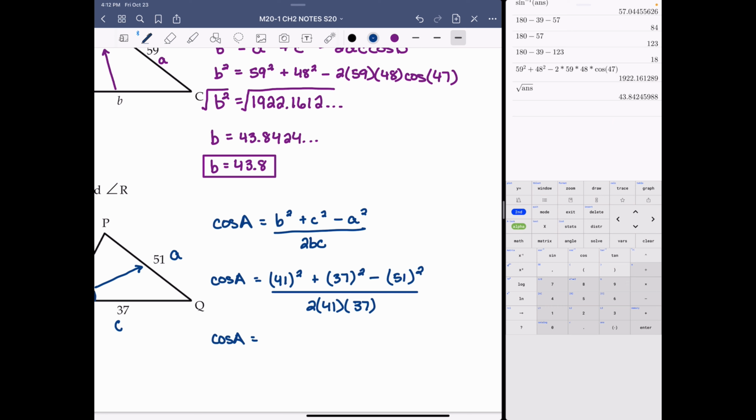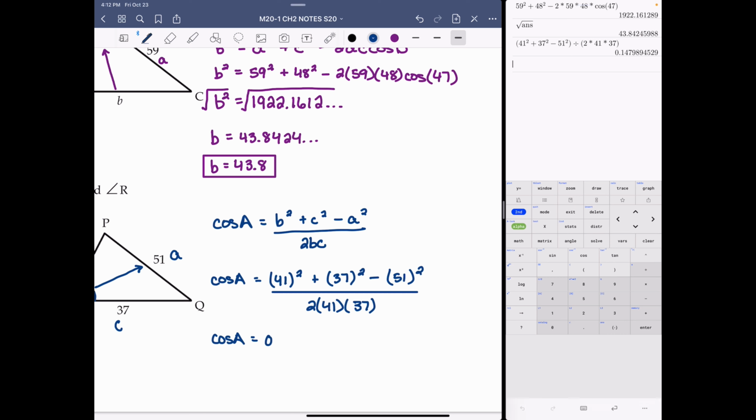I want brackets around the numerator, so bracket, then 41 squared. Since it's not a negative 41, I don't need brackets around the 41. Then plus 37 squared minus 51 squared. Close the bracket, then divide by brackets around the denominator, 2 times 41 times 37. Close bracket, enter.